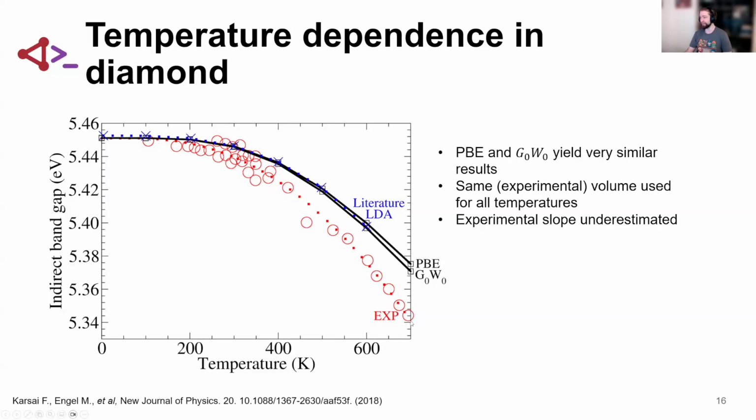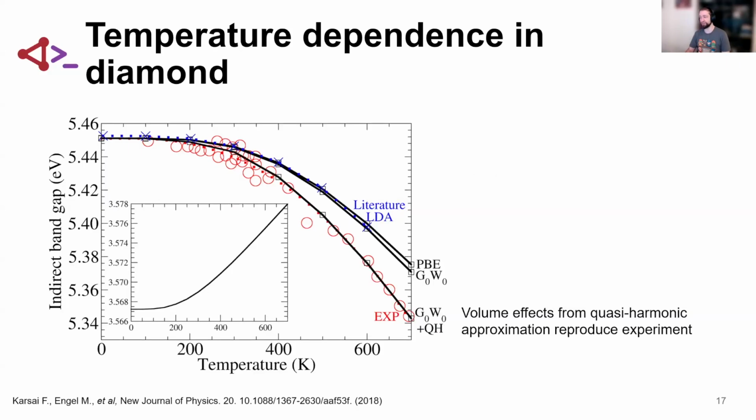And what's evident here is that while the shape is generally the same, we do not yet get quite the exact curvature here. We don't lie on top of the experimental values. And that is in large part because of volume effects. As you keep increasing the temperature, the volume of your cell also changes, which is something that is not a priori included in this one-shot method. When you just specify temperatures, it always uses the lattice constant of your equilibrium structure at zero temperature.